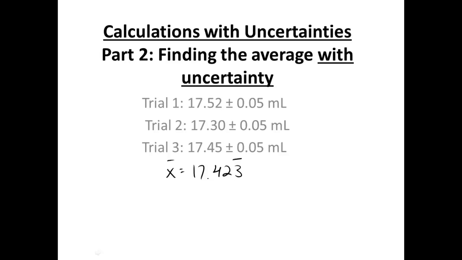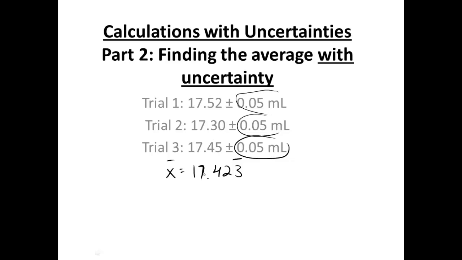Now at this point, these uncertainties here, which you would still record in your raw data because they show the uncertainty of the instrument you used, become more or less irrelevant because the difference between the 3 trials we did exceeds the measurement uncertainty for each trial.